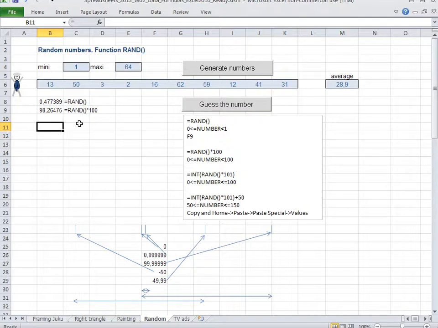The reason why it's between 0 and 99,9 now is, think of what was the smallest number before. The smallest number was 0, and the biggest number was 0,999. So the smallest number multiplied with 100 will still be 0, and the biggest number 0,999 multiplied with 100 will be almost 100, which is 99,99.